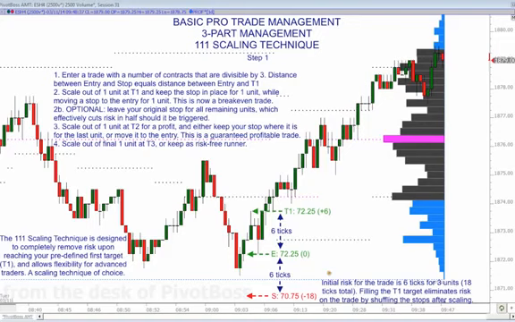Does that make sense? I know there's a lot of squiggles there, so I'll do it one more time. You have your entry here, and when you hit that first target here, it's a +6. After you hit the first target here, at T1, you keep the stop on one of your thirds right where it was. That's a -6 on that third.